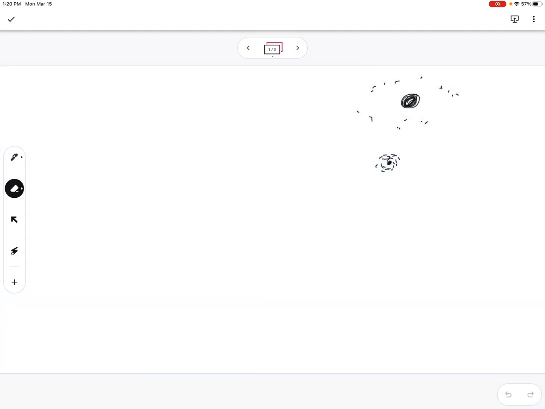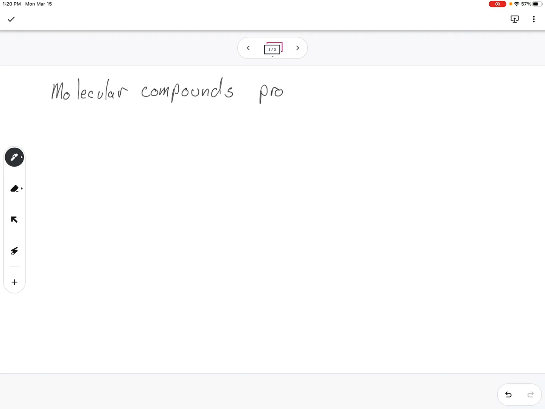So, I'm going to erase this. Something else about molecular compounds that we need to discover: some of their properties. And in general, we're going to compare them to ionic compounds.